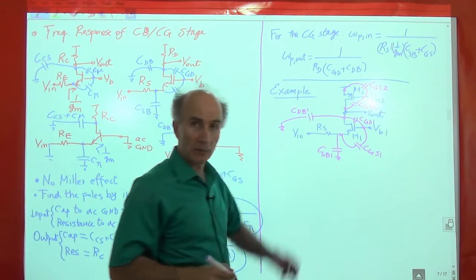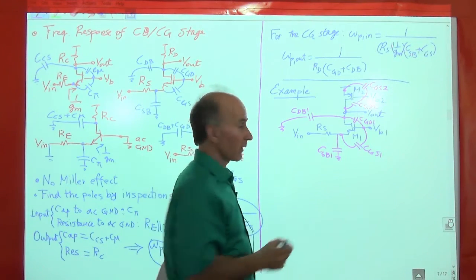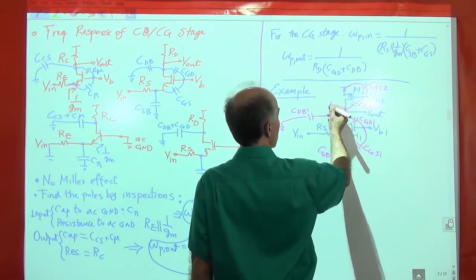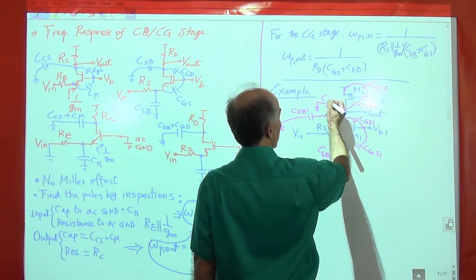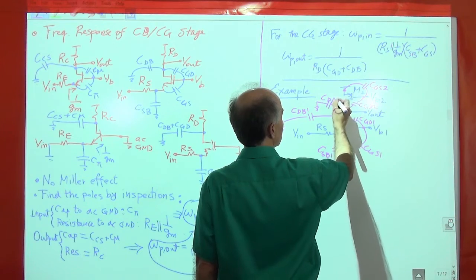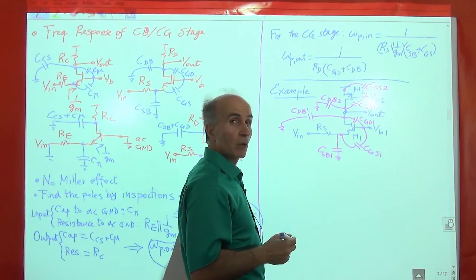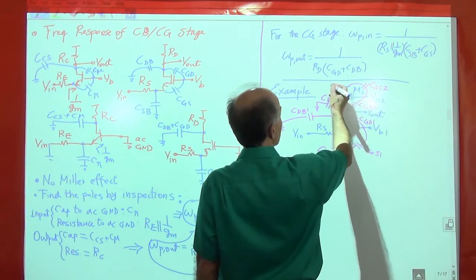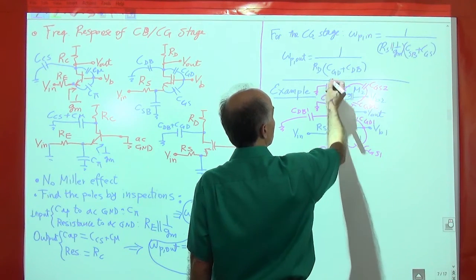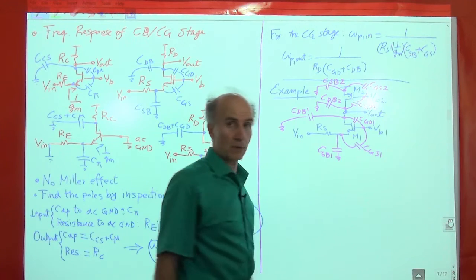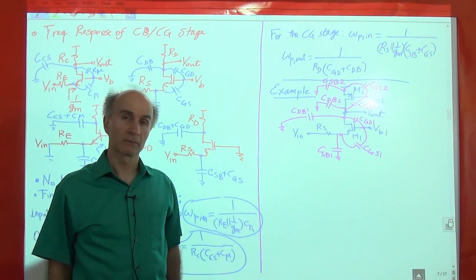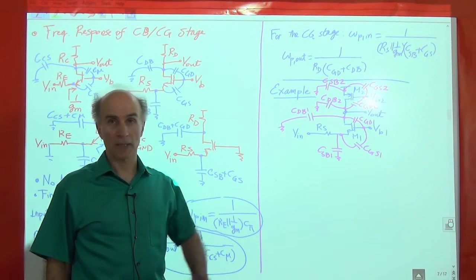Okay, and then we got two caps from the drain and the source to AC ground. So here's one cap, C drain bulk 2, and then we have one more, source bulk 2, CSB2. All right, so with all the caps in there, that's the second step.